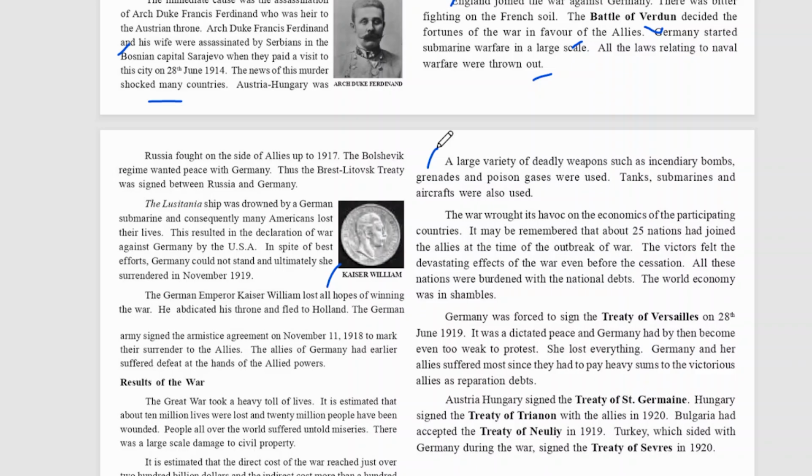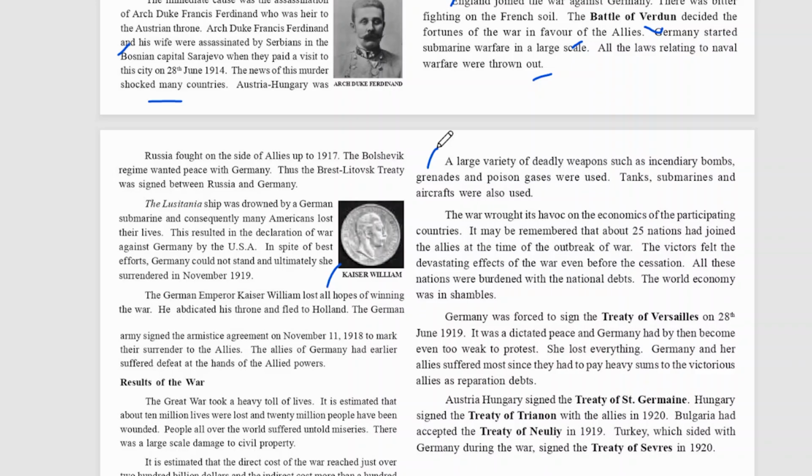It was a dictated peace, and Germany had by then become too weak to protest. She lost everything, and Germany and her allies suffered more since they had to pay heavy sums to the victorious allies as reparation debts. Austria signed the Treaty of Saint Germain.